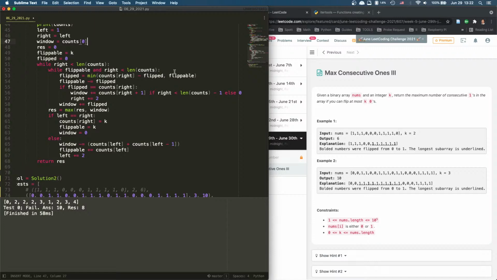And then the minimum of the 2. Hold on. That's not right. Flipped is the currently, how many is flipped?